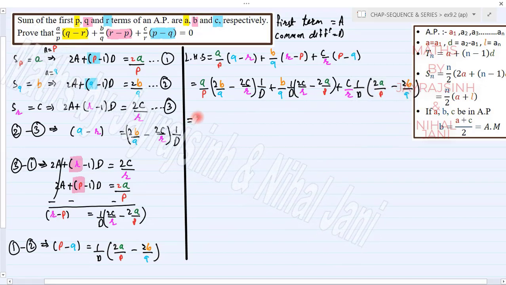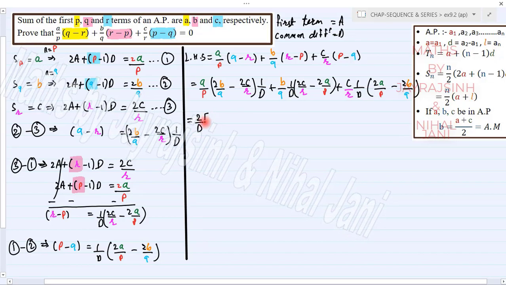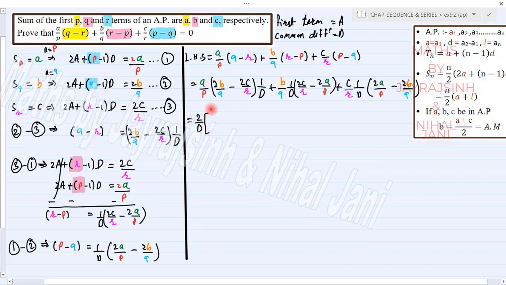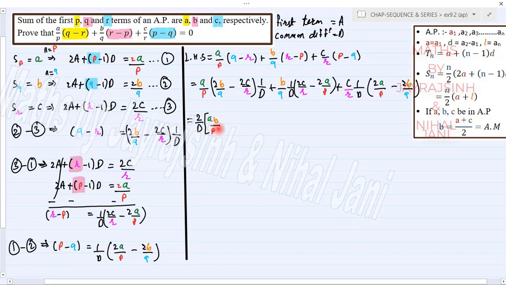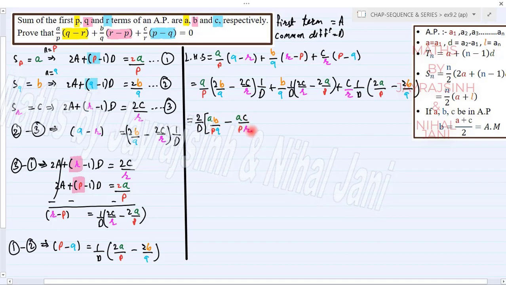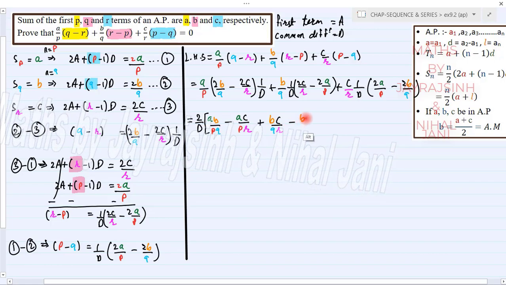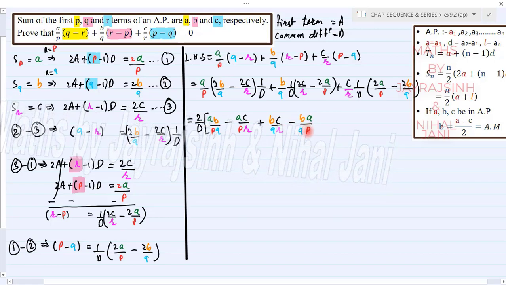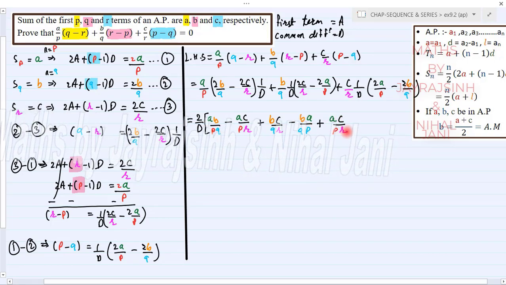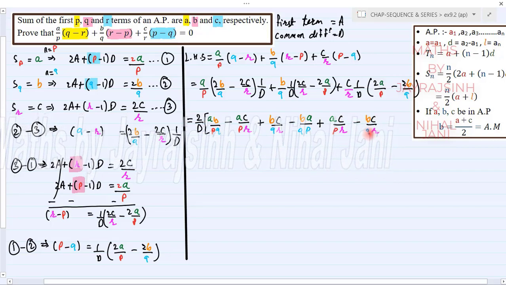So as you can observe, we can take 2 by d common. So from the first bracket, we get AB by PQ minus AC by PR, plus from the second term, we'll get BC by QR minus BA by QP, plus AC by PR minus BC by QR.